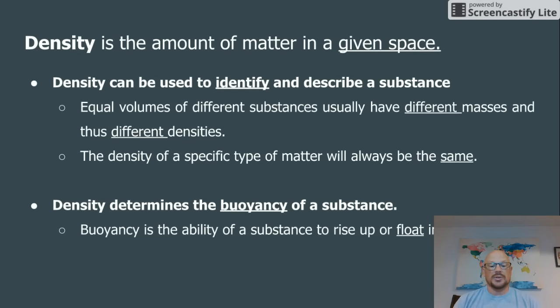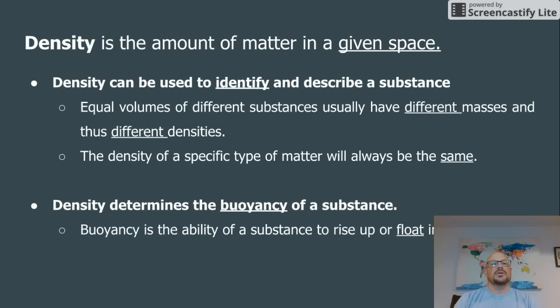The baseball, though, is more dense than the styrofoam ball because it contains more matter in the same amount of space. The same would be true of a 1 centimeter cube of sugar versus a 1 centimeter cube of silver. Whichever one has more matter or mass in that same amount of space is going to have more density.